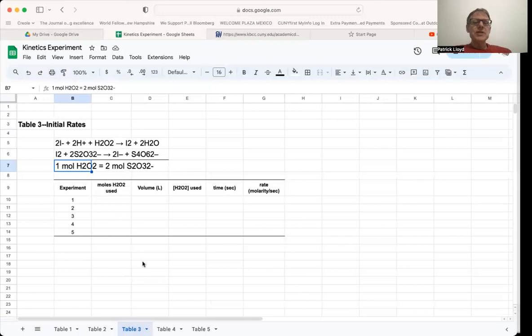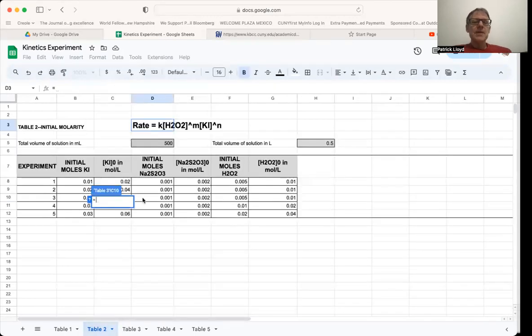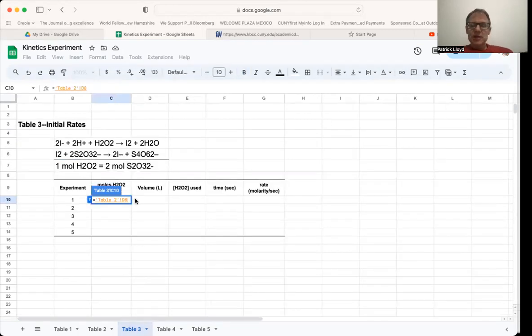So I'm going to come back over to table 3 and do a little calculation. I'm going to say the moles of H2O2 used is equal to the moles of Na2S2O3, thiosulfate, times 1 mole of H2O2 for every 2 moles of Na2S2O3.